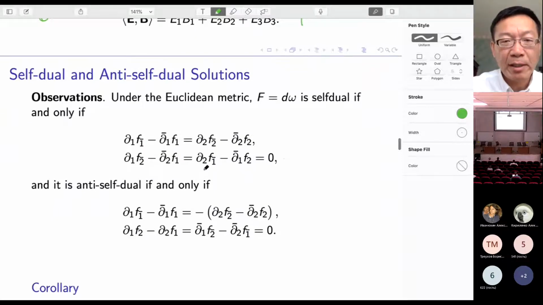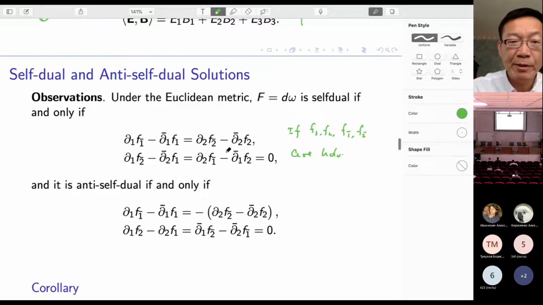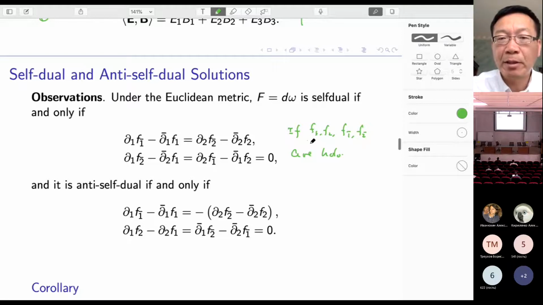Now, if you take a closer look at it, you'll be surprised to see that if F1, F2, F1 bar, F2 bar are holomorphic, then all these things are zero. So it shows that if you interpret the Maxwell equations using complex differential forms, it becomes apparent that holomorphic functions give solutions. And I will mention that a bit later.